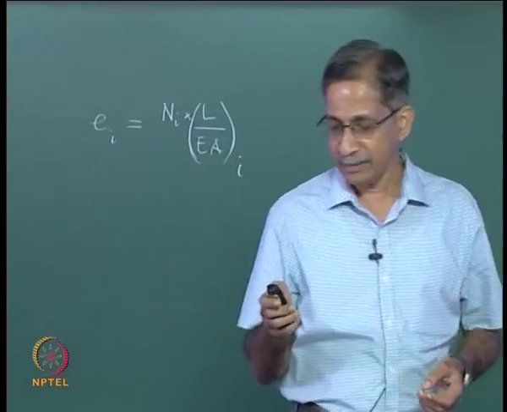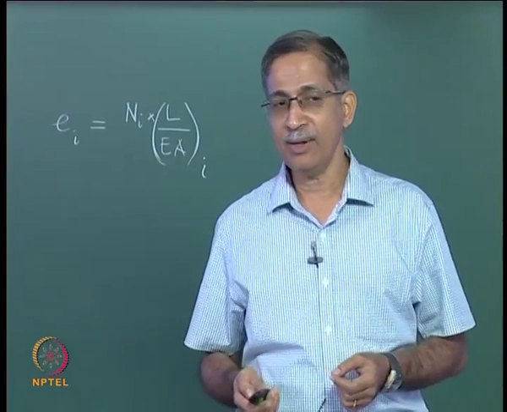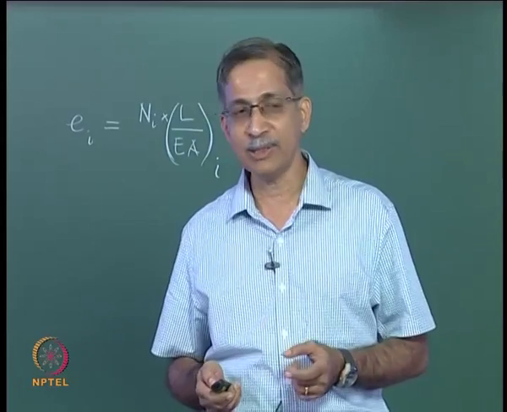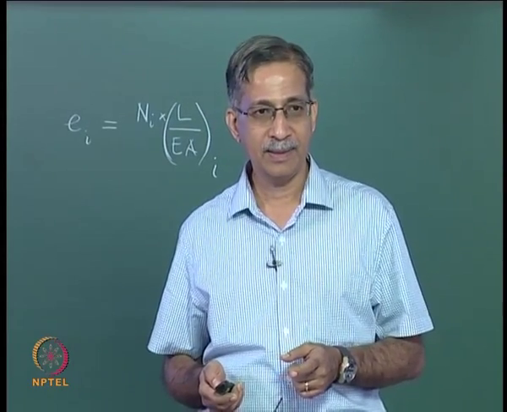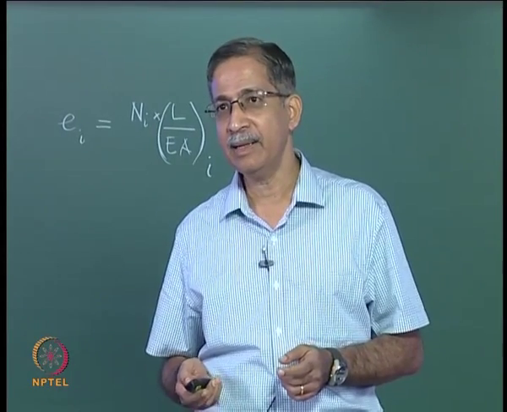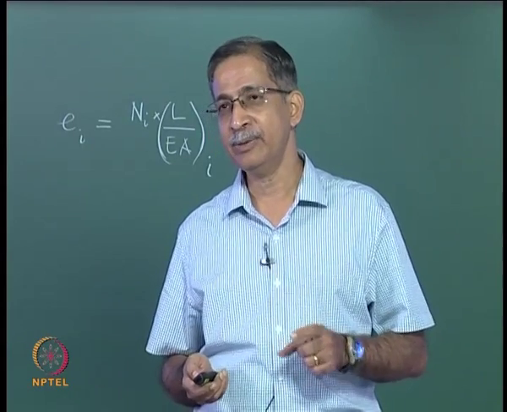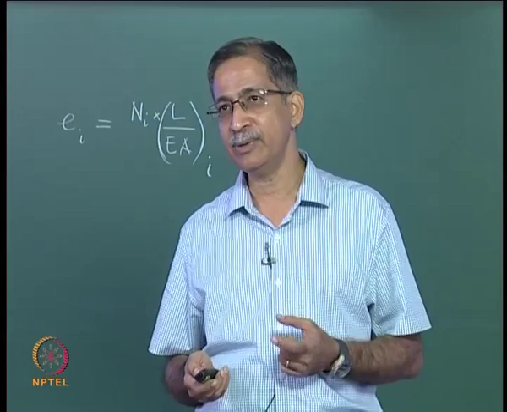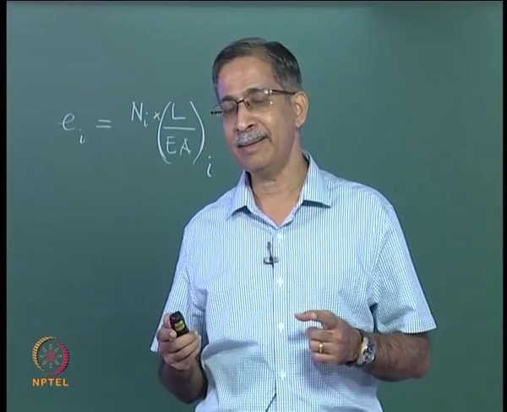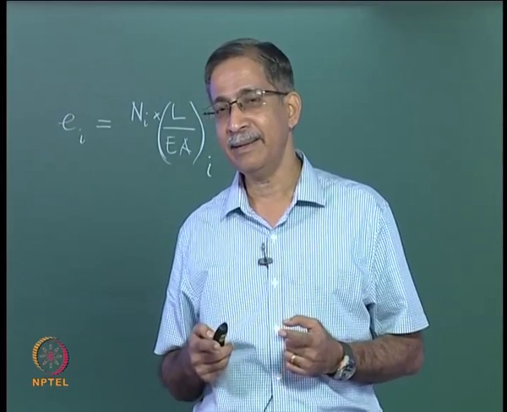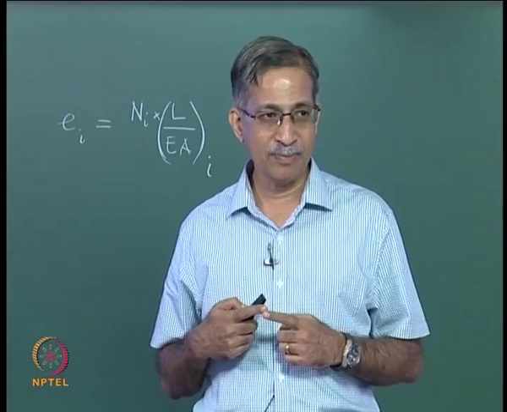So we can do that, and once you have got the bar elongation, you can locate the displaced position of the joint P. You can do it geometrically. I have shown a picture here where AB has reduced in length and BC has reduced in length, but if they were to be the way it is shown in this picture, then they do not meet, but we need to make them join.